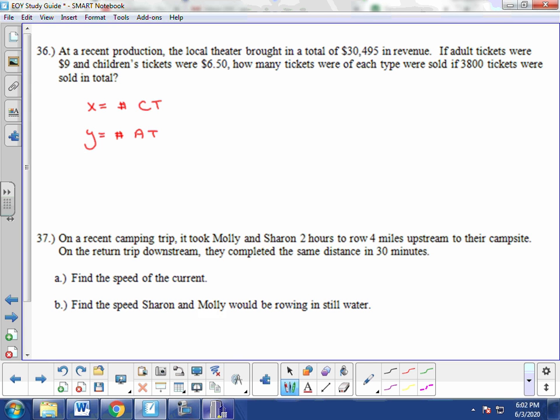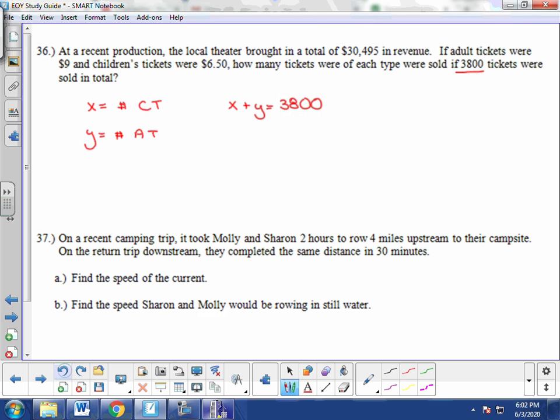So what we know is that 3,800 tickets were sold. So whatever the adult tickets were and whatever the children's tickets were, if we add those together, it's 3,800. Now also realize that they had a revenue of $30,495. So revenue comes by selling adult tickets at $9 a piece and children's tickets at $6.50 a piece.